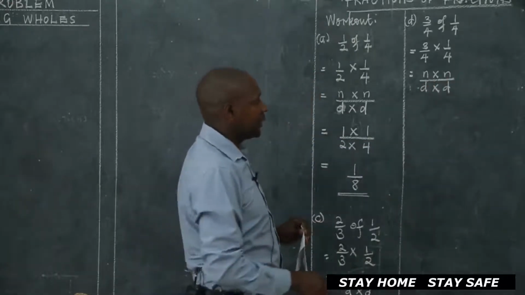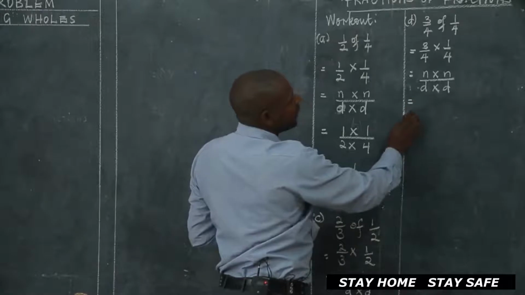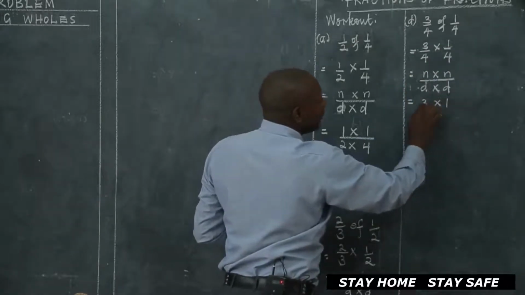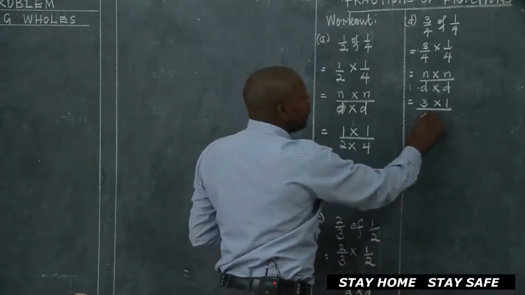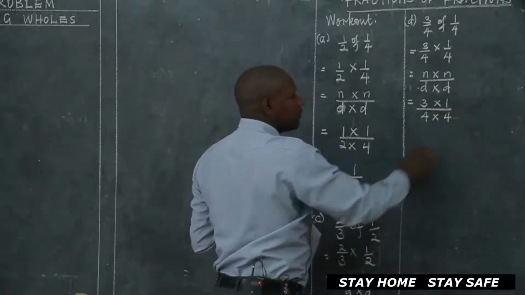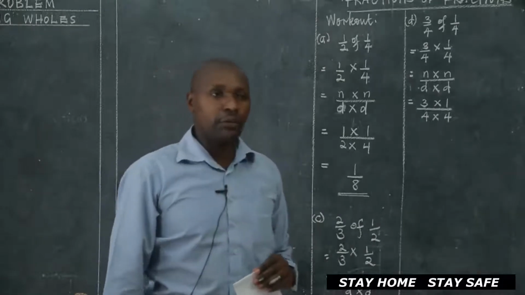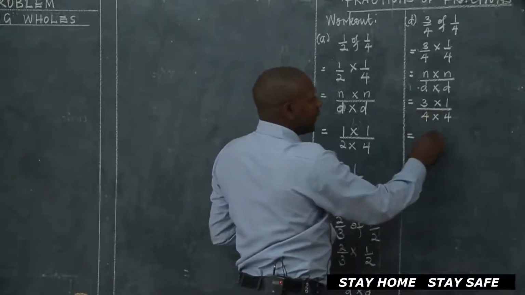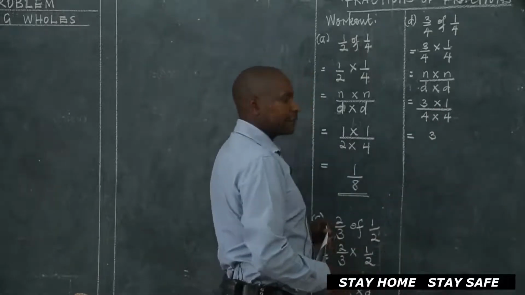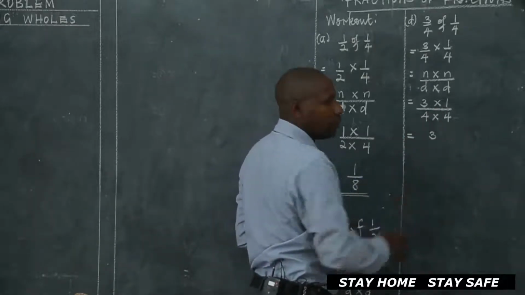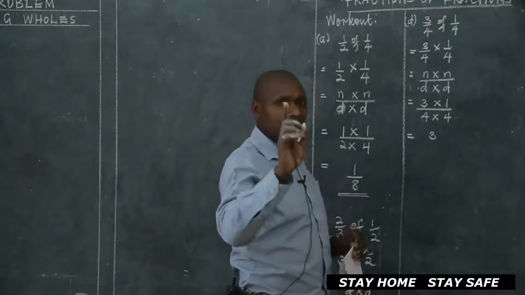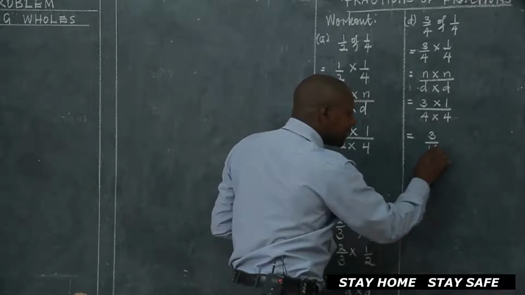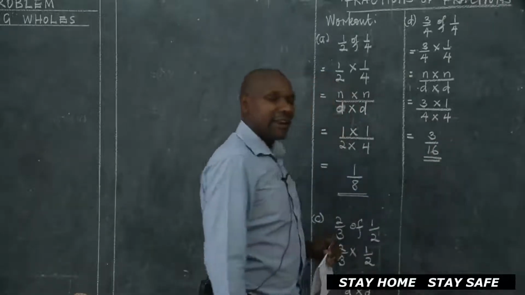Hope you are following. Let's substitute. Our numerators will have 3 and 1. Then our denominators will have 4 times 4. Hope you are ready to multiply with me. 3 times 1, what do you get? Somebody saying 3, correct. What about 4 times 4? No, that's not 8, it's not 8. But 4 times 4, we get 16. Did you get it right?